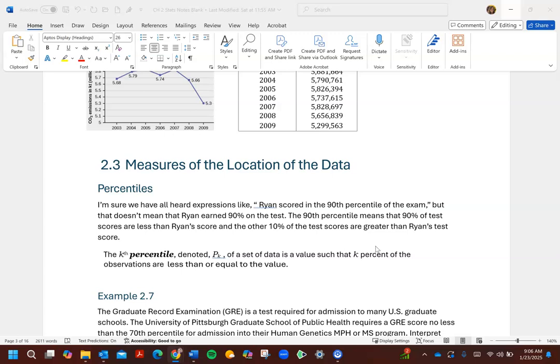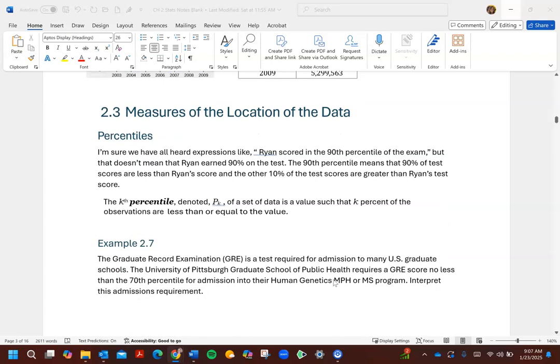When you sort all the data, Ryan's score was higher, at the 90th percentile, than 90% of all the other people, or you could say top 10%. We often use K as a generic to talk about the kth percentile, with the subscript K, P sub K.